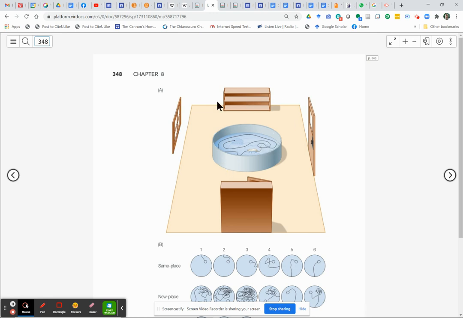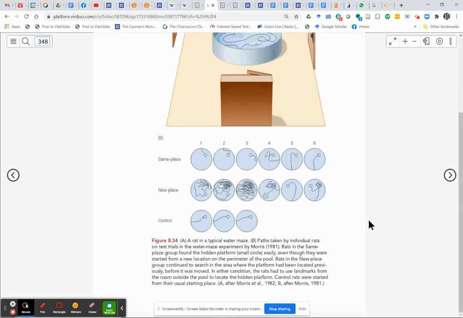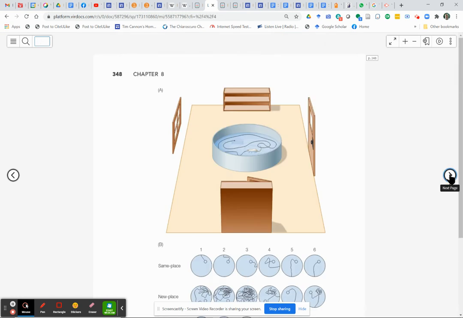And this is just a regular room where you have doors and shelves and clocks and stuff, or you could do things out here that are more intentional. And so there's the track, and this is what happens when you move the target, and the animal goes crazy. And there he is, Morris, 1981, 1982.